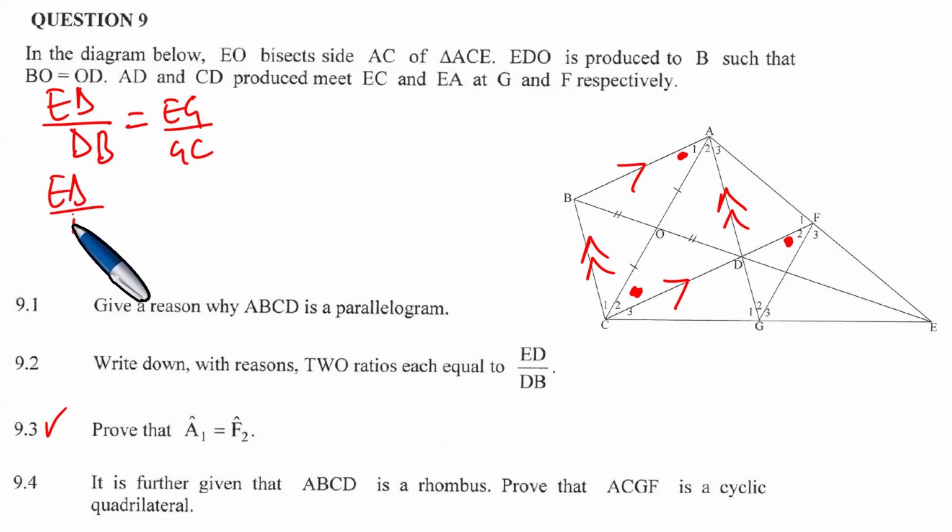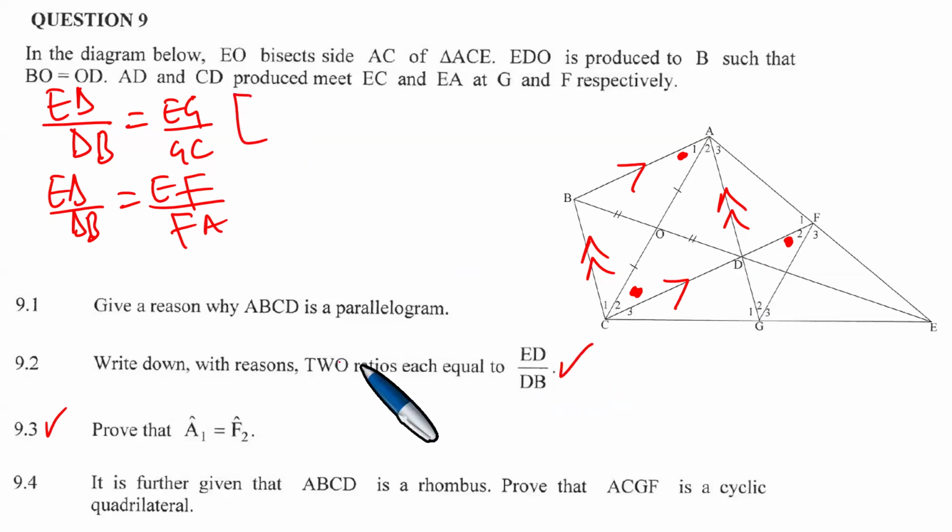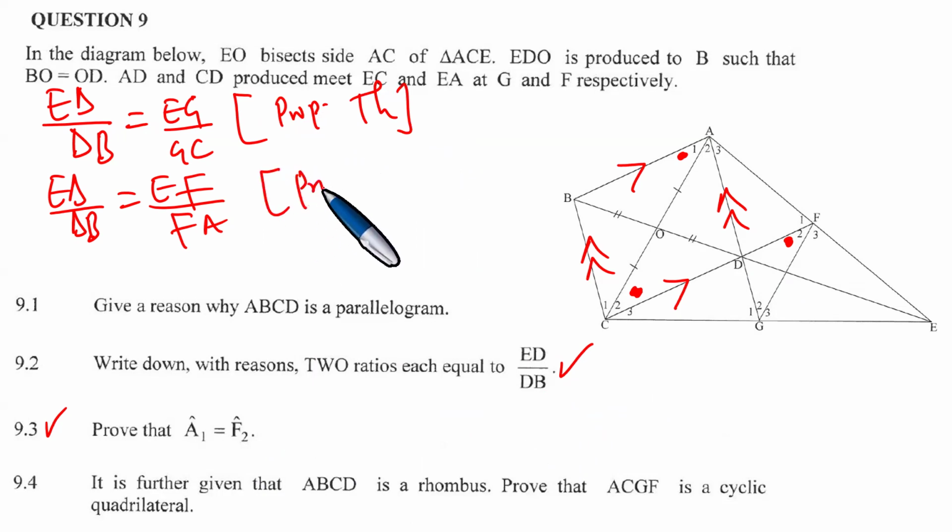ED over DB is also equal to EF over FA. In each case, we saw it for ED over DB. It was done for this question, and this is the proportionality theorem, but also this one is the proportionality theorem. So in this case, we already have this.